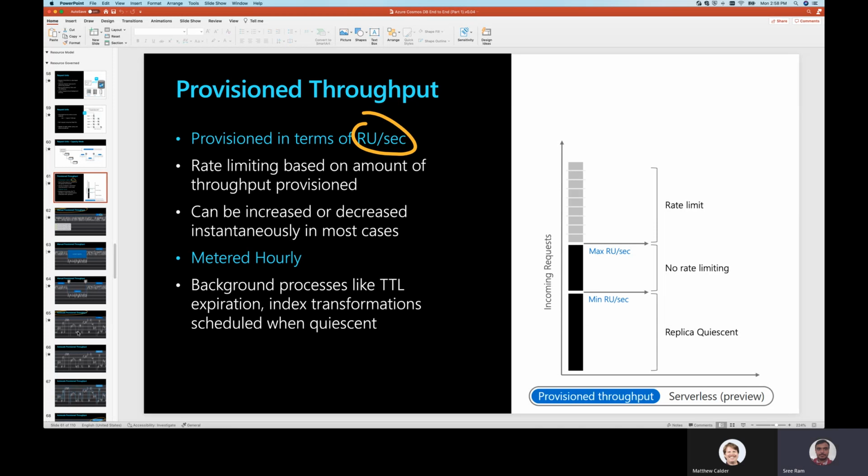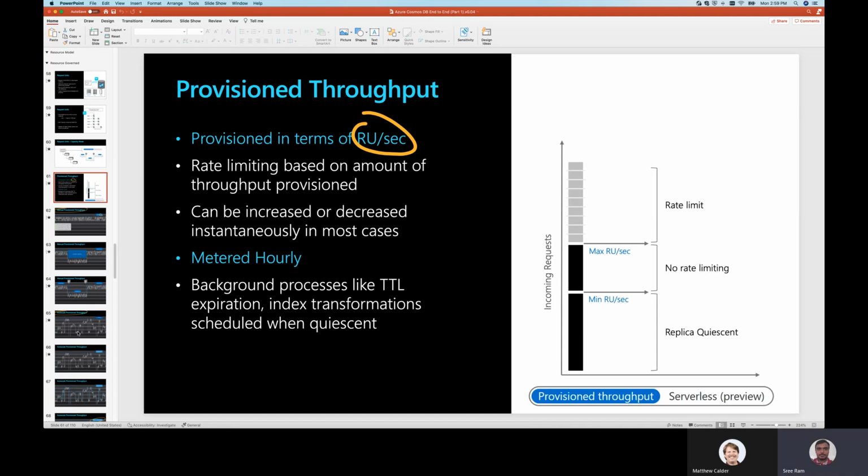So in a scenario such as that, how would we actually use provisioned throughput? Let's see how provisioned throughput might look. A provisioned throughput is provisioned in terms of RUs per second. It can be increased or decreased instantaneously. And it is metered hourly.